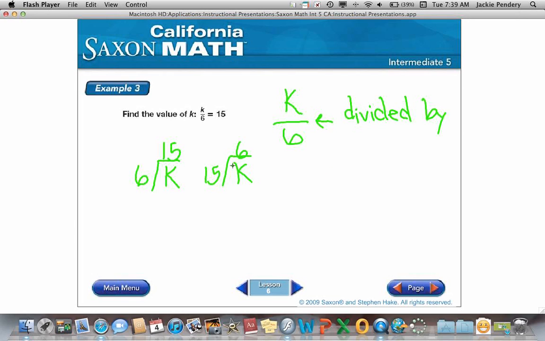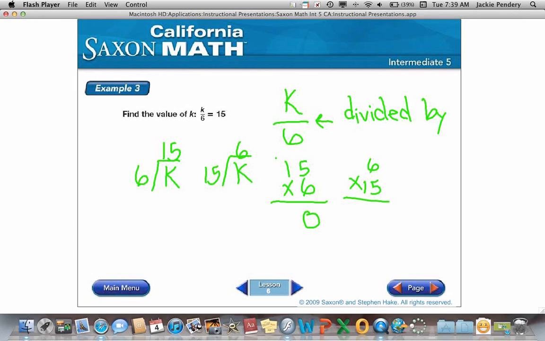So, since this is my dividend, my divisor and my quotient, we multiply the divisor and the quotient. So I could rewrite this as 15 times 6, or 6 times 15. Either one works. So we're going to multiply. 6 times 5 is 30.